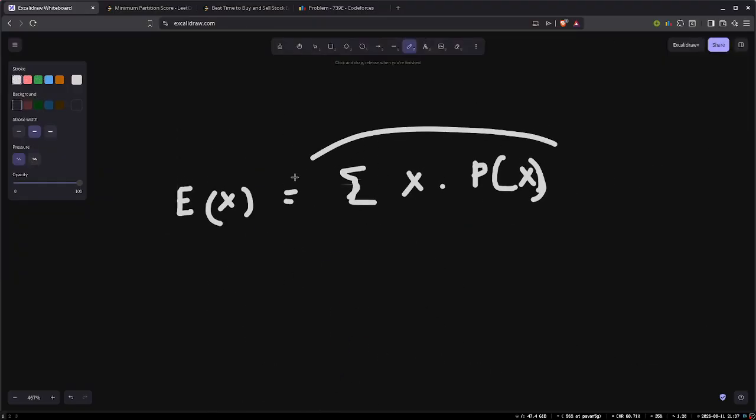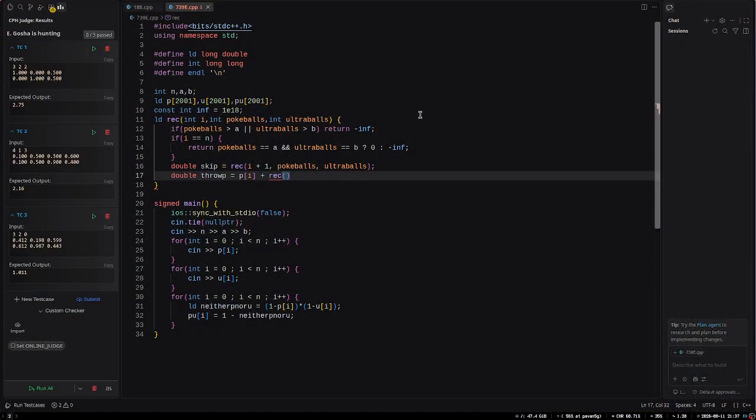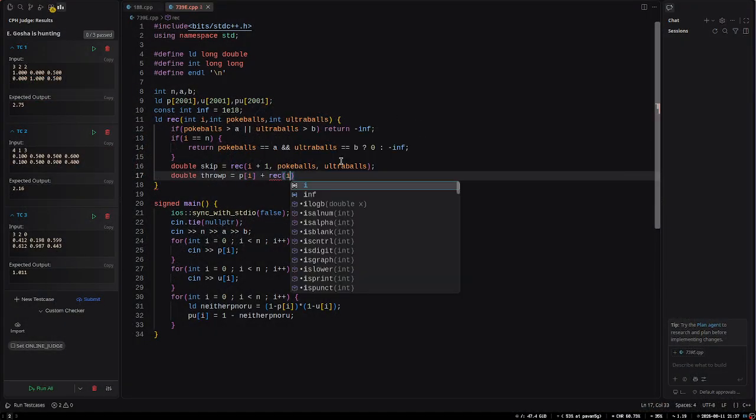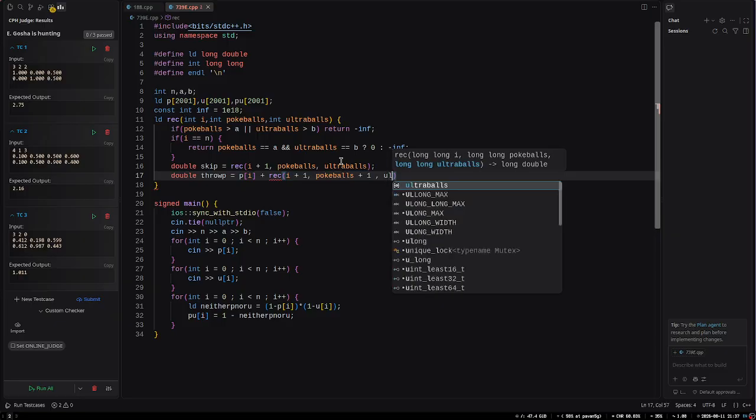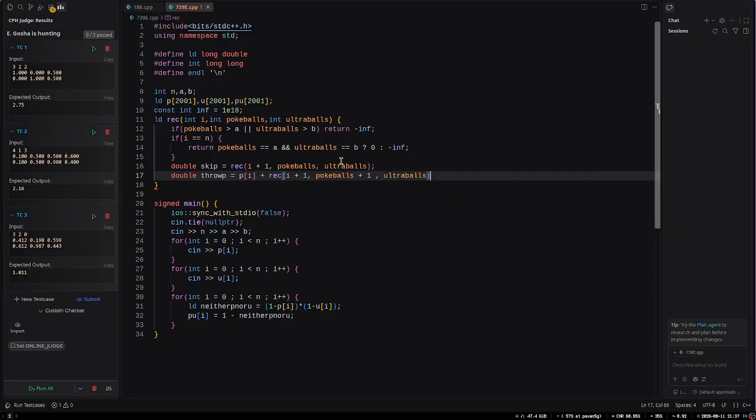The process of computing the remaining sum would be done by the recursion. I'm not writing that 1 here. I hope it's understandable. And recursion of I plus 1. This time you're throwing a Pokeball, so Pokeballs plus 1. And you're not throwing an Ultra Ball, so the Ultra Balls count won't change.